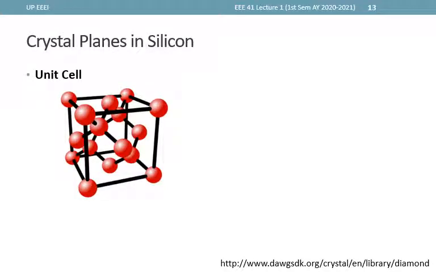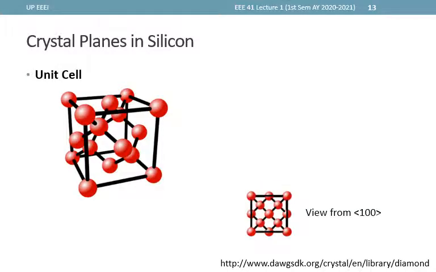So with the help of the Miller indices, we can actually identify the direction from which we want to look at our silicon crystal. So for example, we would want to view it from, say, direction 100. So let's say this is the z axis, this is the y axis, and this is the x-axis.